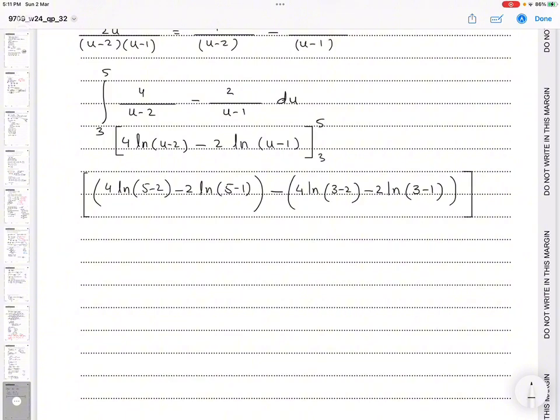Now simplify all this. 4 ln 3 minus 2 ln 4, minus 4 ln 1 minus 2 ln 2.